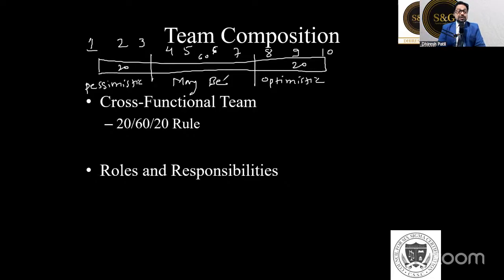So while selecting the team composition, you take maximum optimistic people, because let's say you take 5 people, all are pessimistic. Imagine the worst case scenario. You know what will happen? You are the project leader, Lean Six Sigma Green Belt, Black Belt certified. You have selected a project. You made a team. All of them are pessimistic.